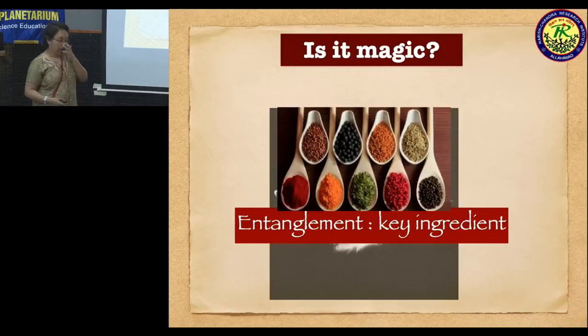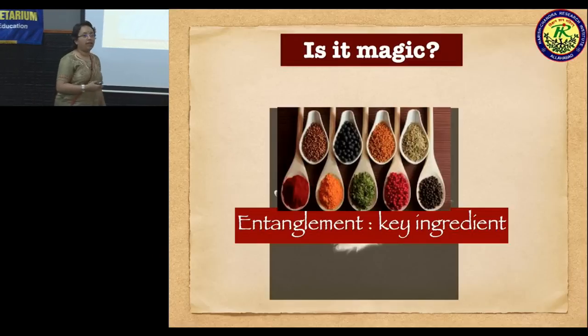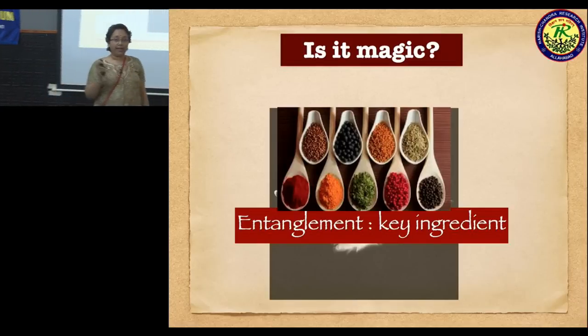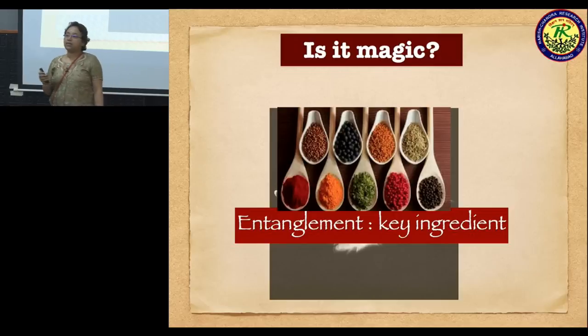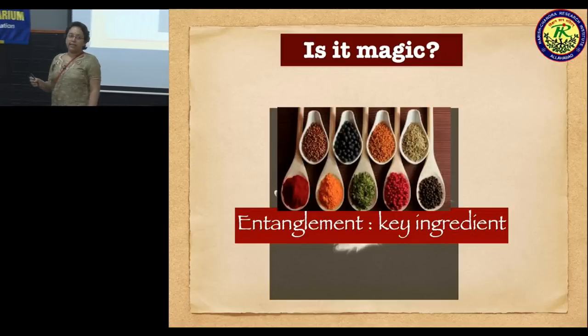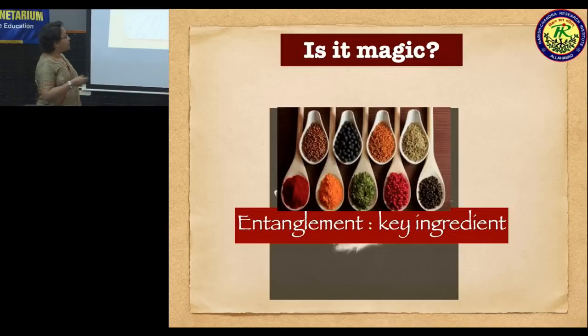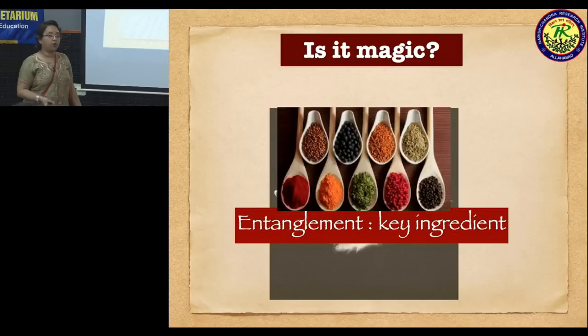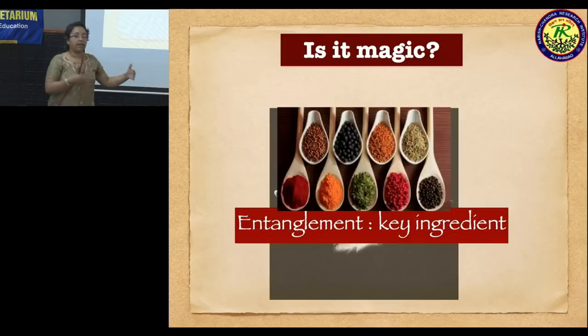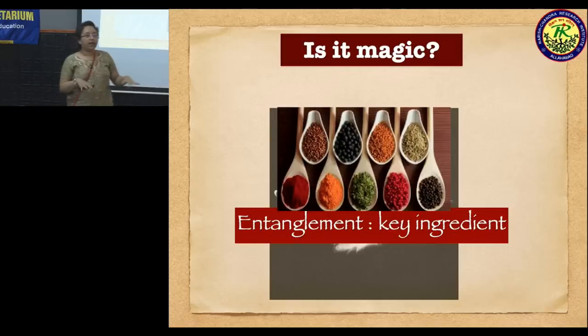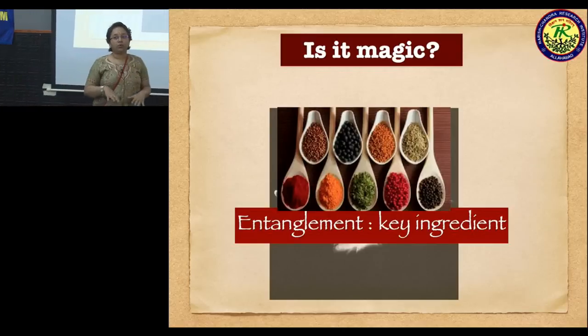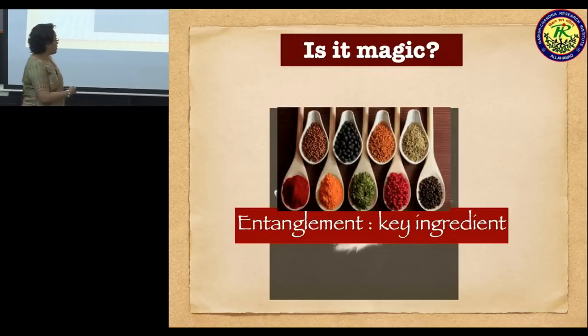This bridge or the property is known as entanglement. And this is the key ingredient for quantum teleportation. It is the concept which plays an important role in the entire field of quantum communication and quantum computational tasks.